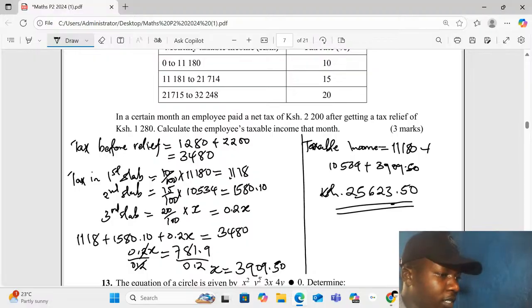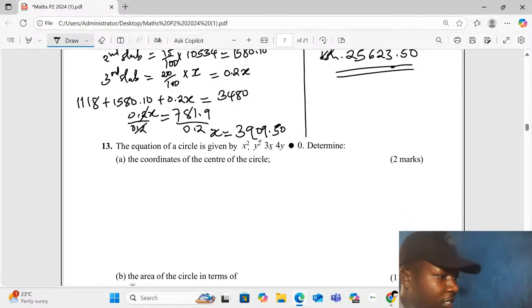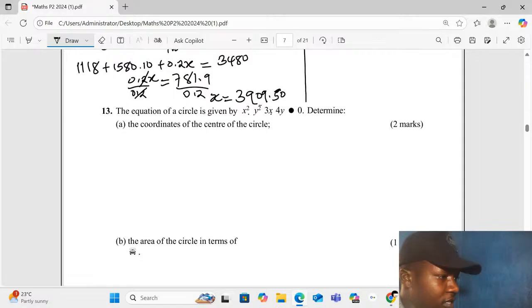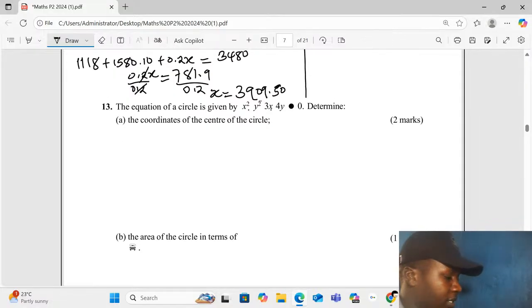Now we can move straight to question number 13, which is 3 marks.